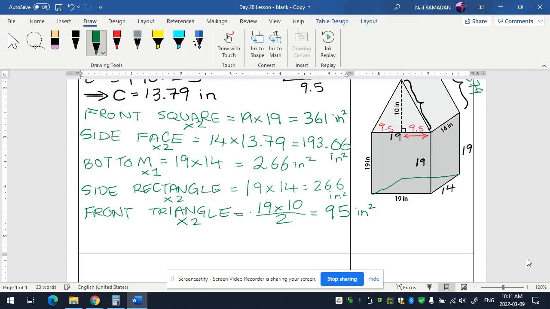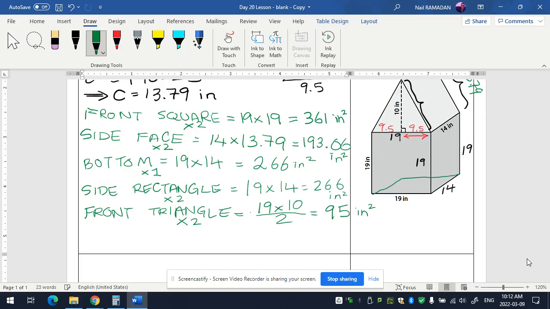What do I do now with all of these numbers? Add them up, because I'm trying to get the total or full surface area. Well, at least I know this one is going to multiply once, which means you don't need to do anything with it.